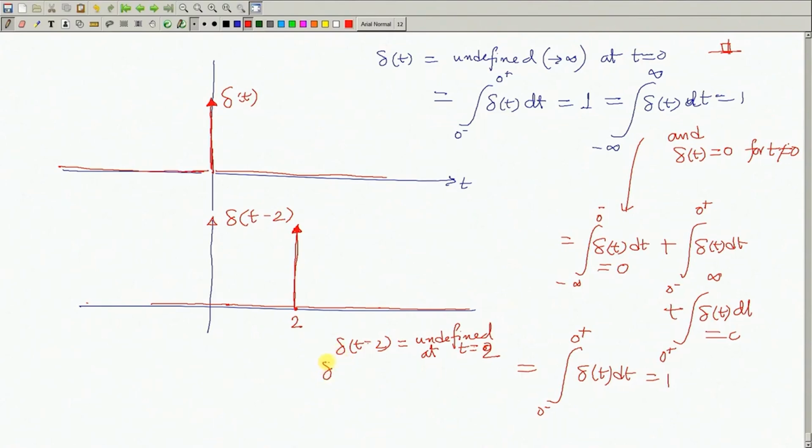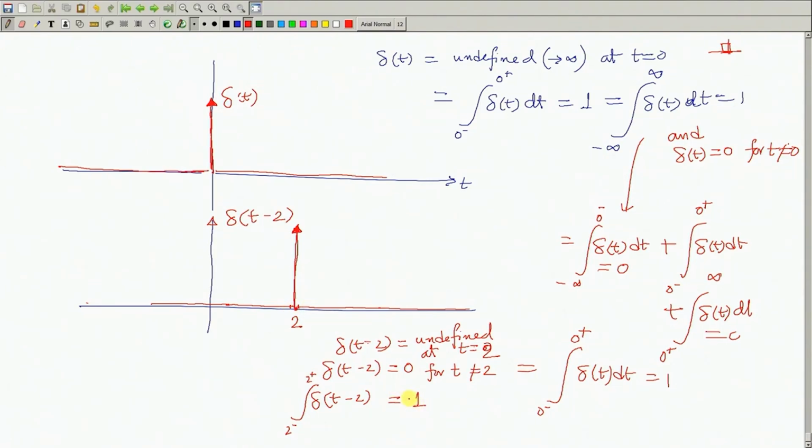And then I will say delta(t minus 2) is equal to 0 for t other than 2: for t less than 2 it is 0, for t greater than 2 it is 0. And the integral of delta(t minus 2) from 2 minus to 2 plus will be a finite value, 1.